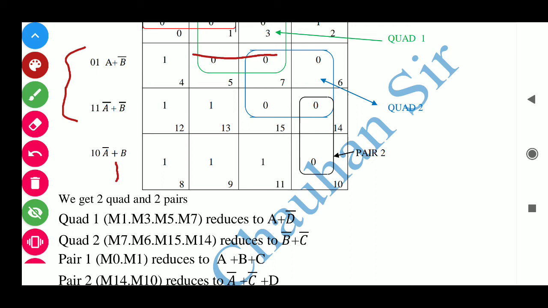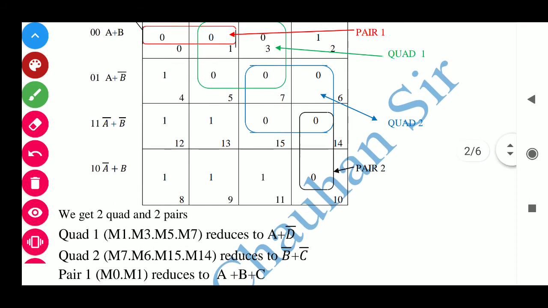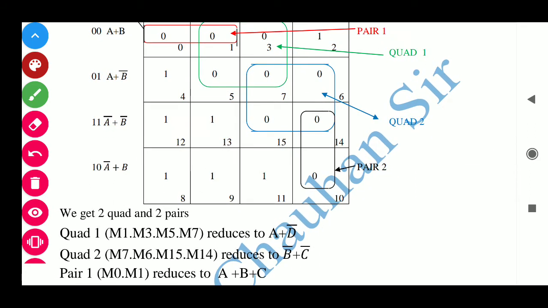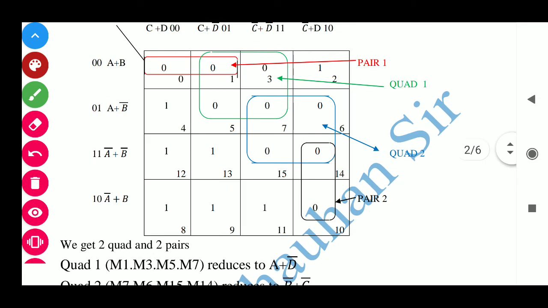I think you can understand now. Because this quad 2 is covering the middle 2 rows, that is this one, and the middle two rows, this one, and these two columns.